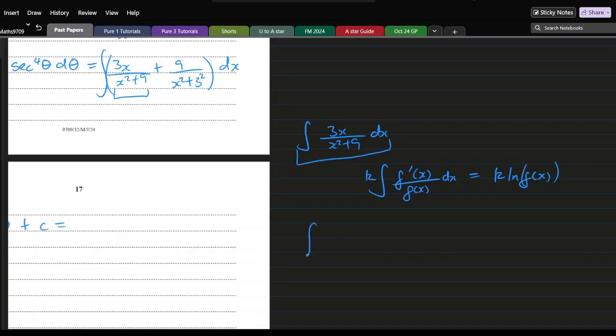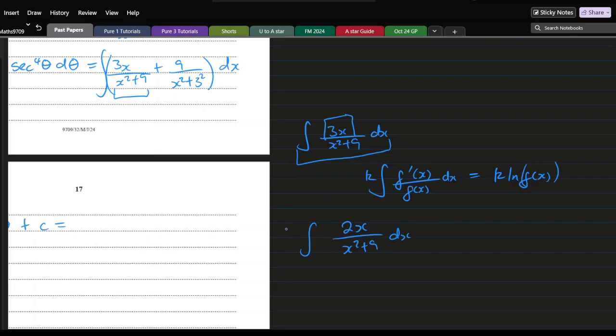So what I'm going to do is write this as x squared plus 9 with respect to x. If you differentiate the denominator, you get 2x, right? But on our original numerator, we've got a 3. That's the only difference.